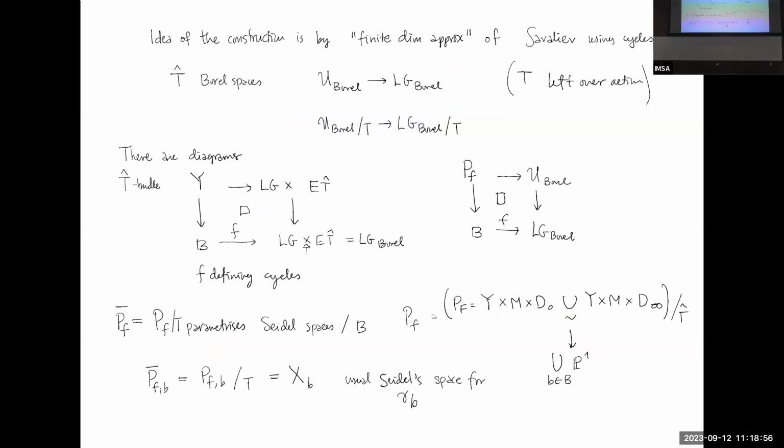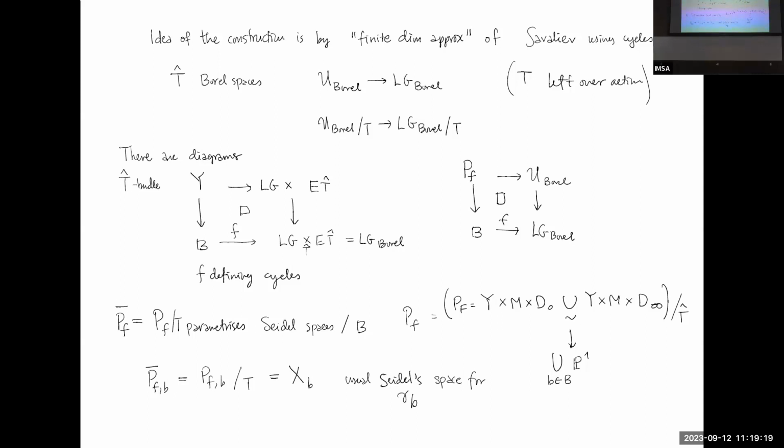The one that we're going to use, as I already mentioned, is by Savaliev, but also by Michael Hutchings, who has done this in Floer homology and so on. It's called construction in families. And so for that, the first thing that we're going to do is again do finite dimensional approximations to the Borel spaces that we're working with.